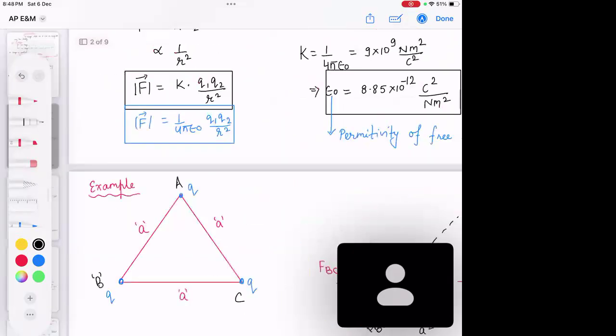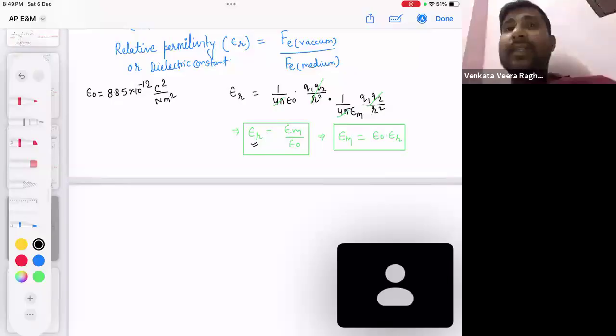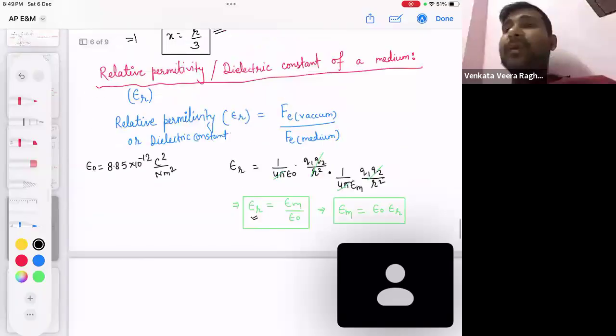Now, if relative permittivity is given to us in the question, then we can find out the medium permittivity also, or if medium permittivity is given, then we can find the relative permittivity. So relative permittivity tells us by what fraction the force in a medium will change compared to the vacuum.